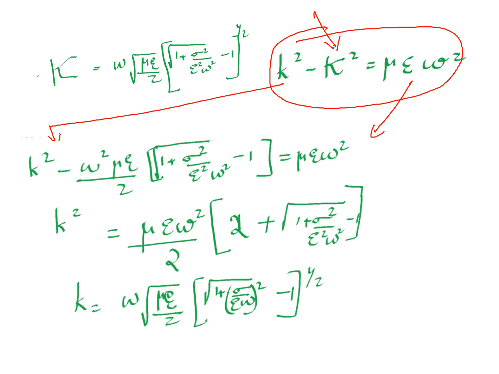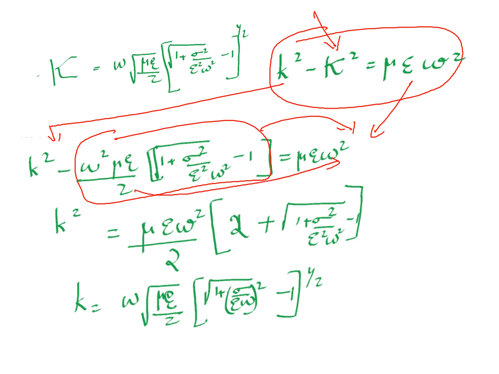Now k square equal to, you're taking this second term from left to right and taking the common factors out, because mu omega square epsilon by 2 is a common factor. When you take that common factor outside, there is a 2 here, so taking LCM, 2 plus root of 1 plus sigma square by epsilon square omega square minus 1. Then 2 and this minus 1, it becomes 2 minus 1, so it is 1.